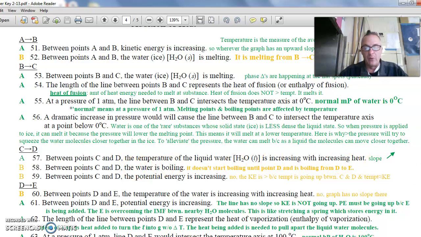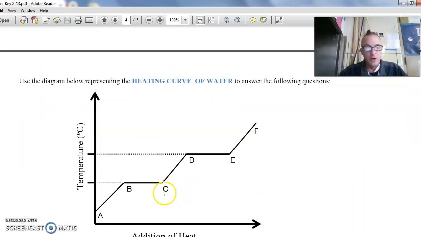Between C and D, it's boiling. No, it's not boiling between C and D. C and D, it's a liquid. It doesn't start boiling till we get to D. To get it to boil, we've got to speed the molecules up really, really fast. So if we have water and we keep increasing the temperature of liquid water, the molecules start zipping around very fast.